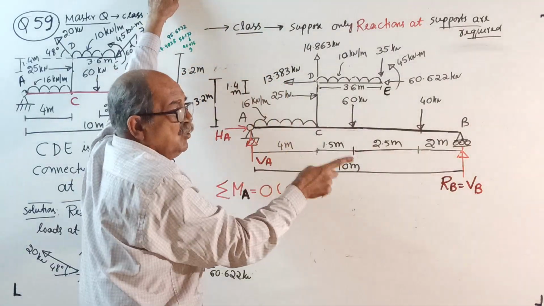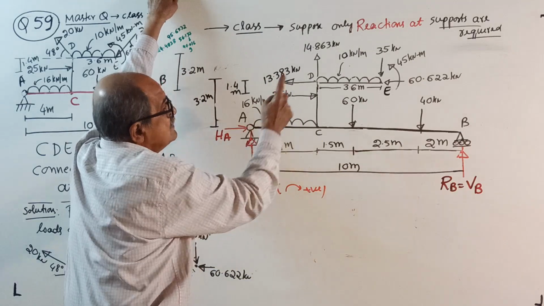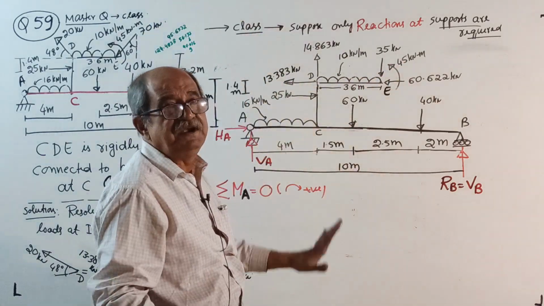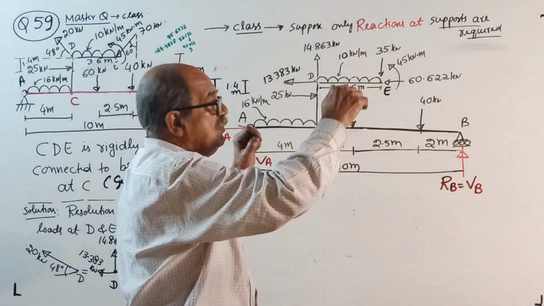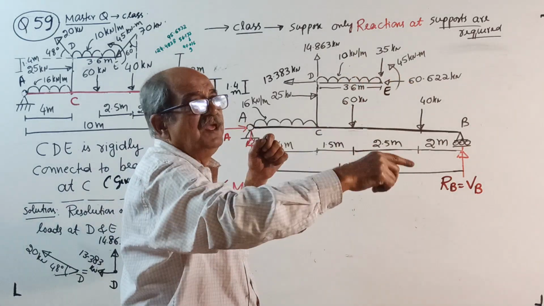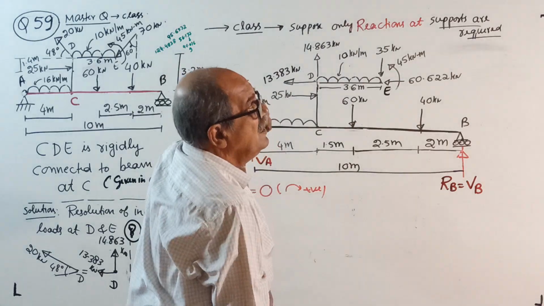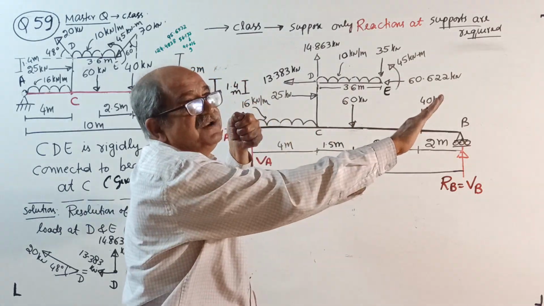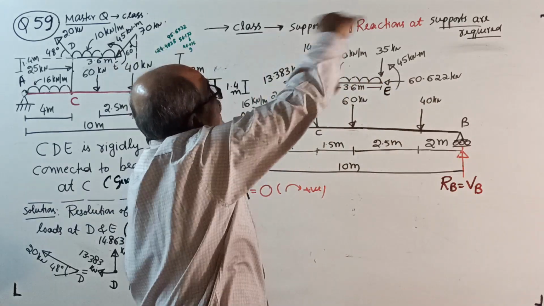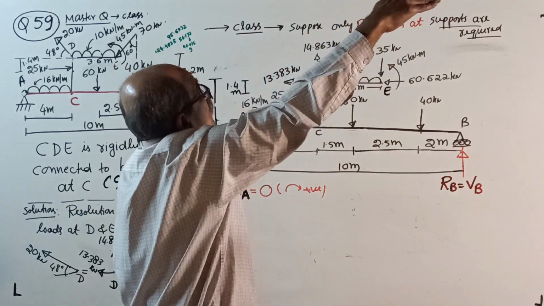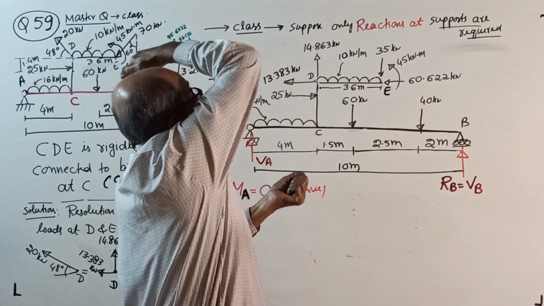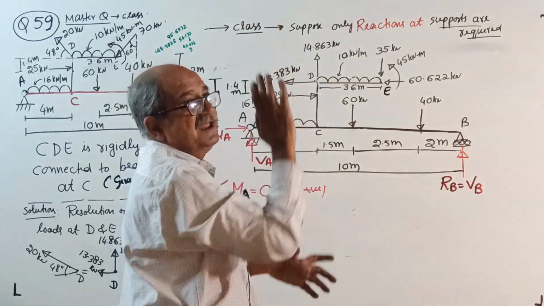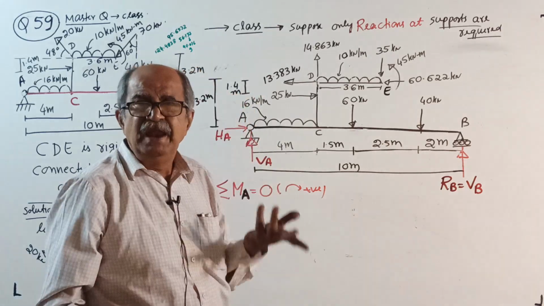So for every load, the moment should be taken about A, except the couple, for which there is no distance. When taking moment about A, when a vertical load is there, it is load into horizontal distance. When a horizontal load is there, it is load into vertical distance. This has also been told many times earlier.